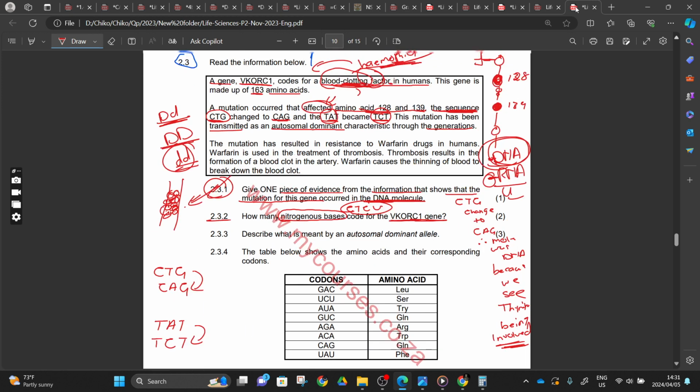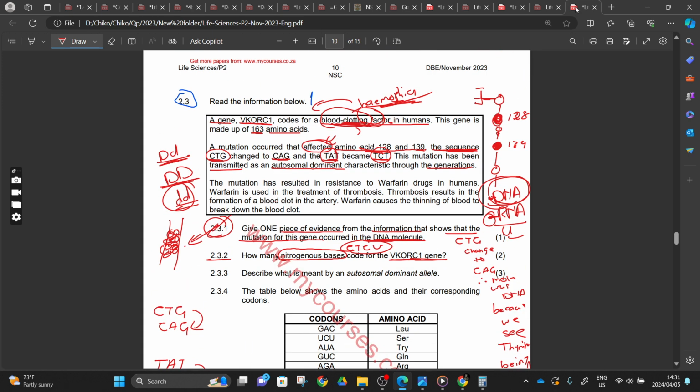If we go to our extract, we can see that this gene is made up of 164 amino acids, and we know that one amino acid needs 3 codons from mRNA. This one amino acid will need 3 anticodons and 3 codons from mRNA for it to be placed there.